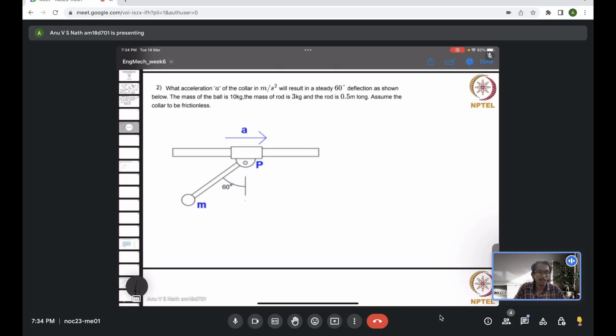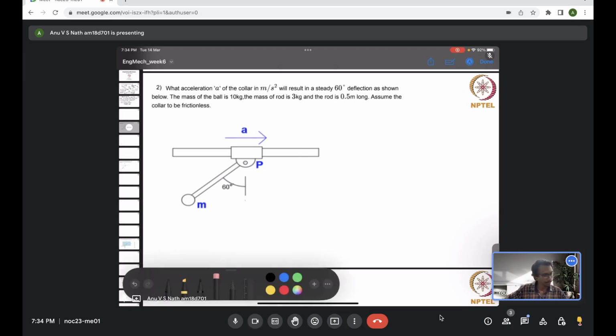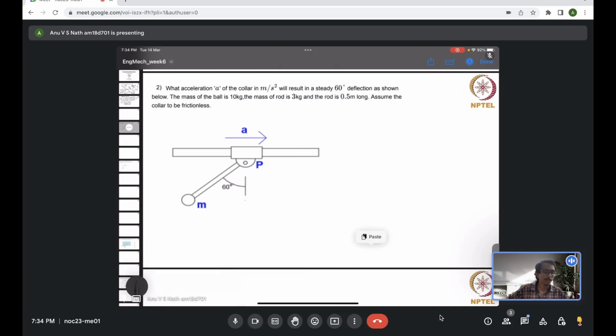So did you try the free body diagram? Basically we have a system.